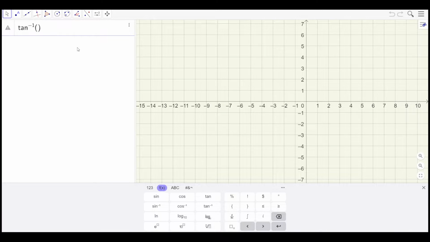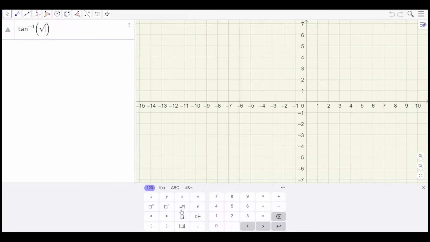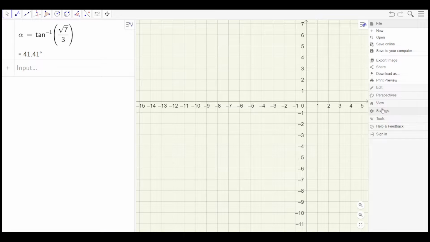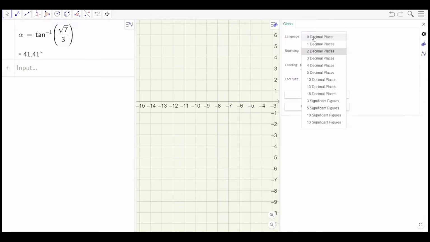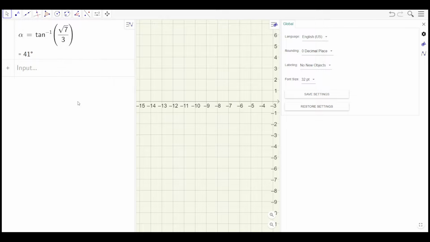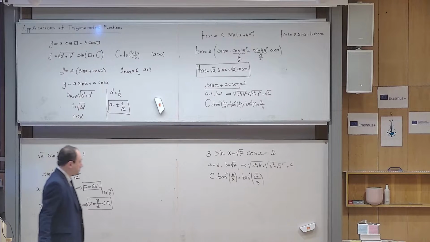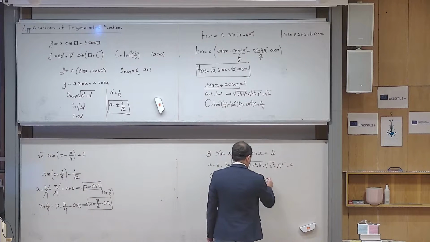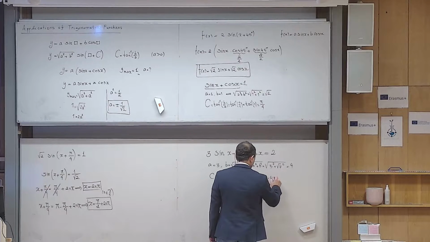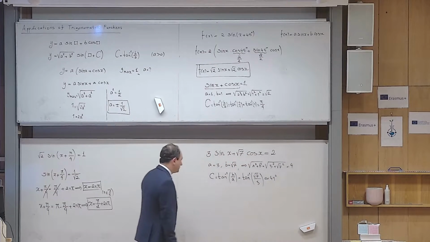Okay, now it goes square root of 7, and then we go outside and then divide by 3. Okay, so it is 41 degrees. If you want to round it up, you can also change the setting once and for all. So it's 41 degrees, okay? So this, of course, if I want to be precise, I have to write 41 degrees approximately, but that's good enough for us.